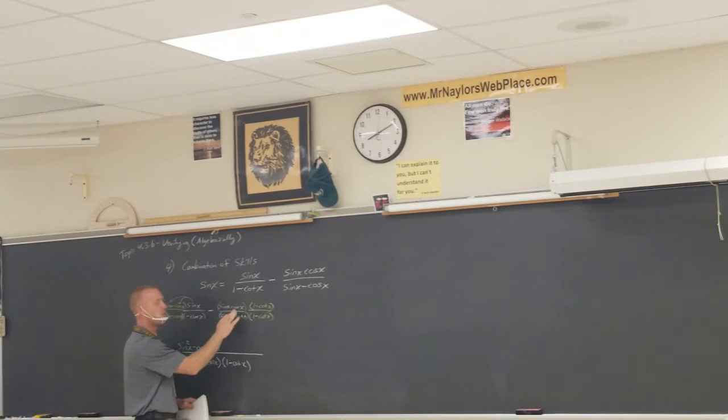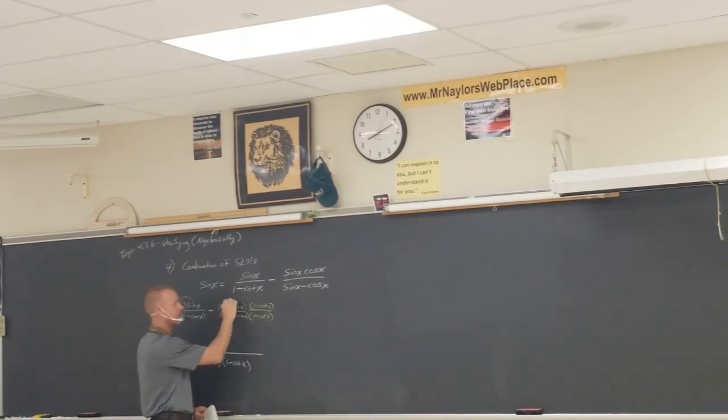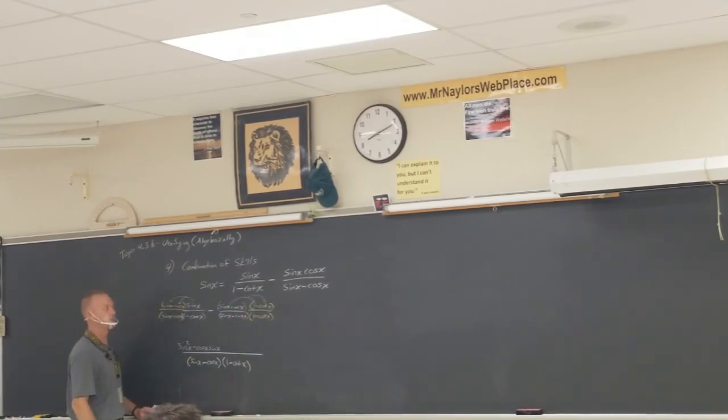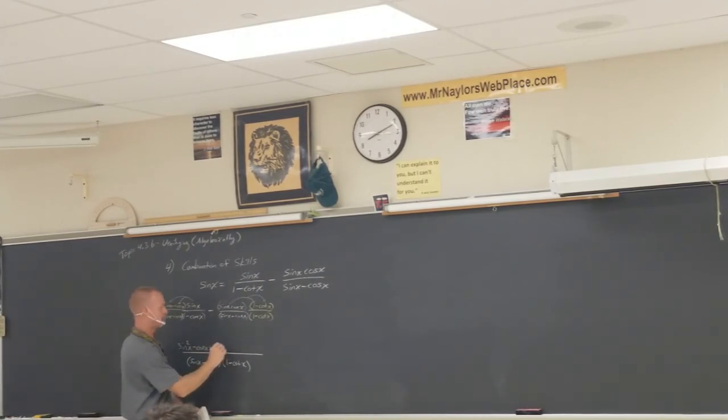Careful, this is not the FOIL method. This is just sine cosine times 1 and sine cosine times cotangent. Okay, so not too many distributes, please. Not too many. Okay, so we're going to get a minus sine cosine.